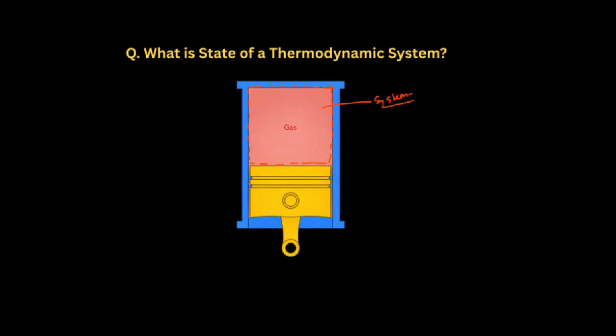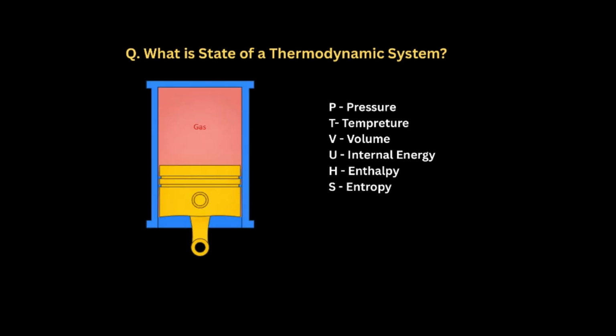Now, definitely, the gas will be at some pressure, temperature, it will have some volume, right? It will have some internal energy, enthalpy. If we fix those quantities, let me say the pressure is 10 bar, let me fix the temperature, let me say it is 300 Kelvin, volume is, let me say, 100 ml or 1000 ml, whatever you want.